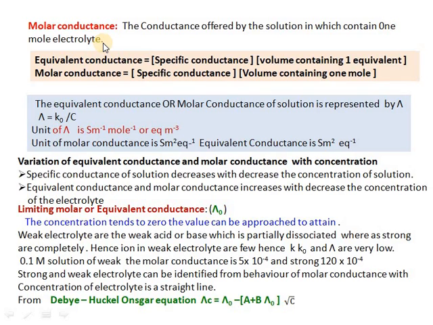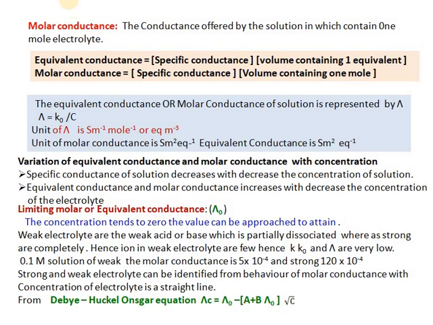So both equivalent conductance and molar conductance show the same definition. The only difference is that equivalent conductance contains 1 equivalent of electrolyte, and molar conductance contains 1 mole of electrolyte. Both terms can be related to the specific conductance of the solution, and therefore they measure the conductance offered by unit volume of the solution. Equivalent and molar conductance are the product of conductance per unit volume and the volume containing one equivalent or 1 mole of the electrolyte.